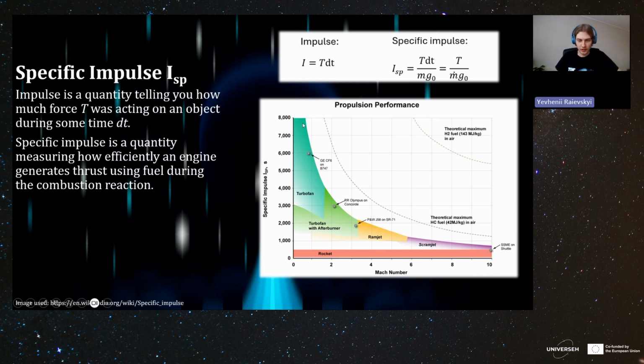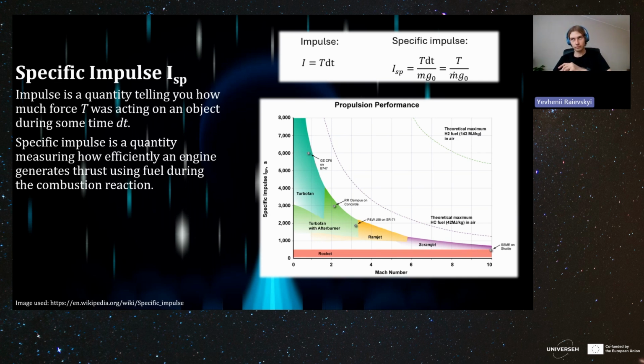Jet engines, of course, have higher specific impulse, because for jet engines this m dot is equal only to the mass of fuel burned, not propellant. The mass of fuel is not as much as the mass of propellant in rockets, so you divide by smaller numbers, and this gets you a bigger number. This is one of the reasons why jet engines have a higher specific impulse.